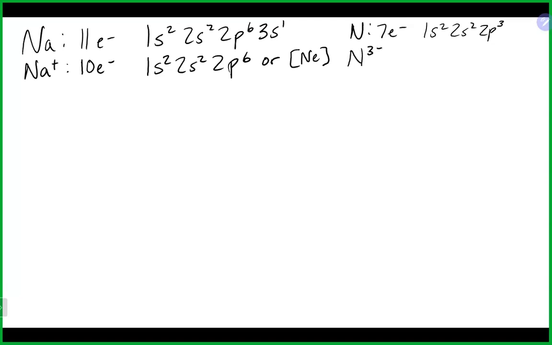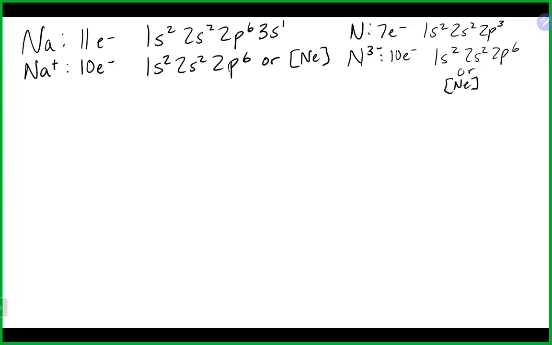That means it has gained 3 electrons, which means it will have 10 electrons in nitride, and it will have an electron configuration of 1s2, 2s2, 2p6, again neon's configuration.